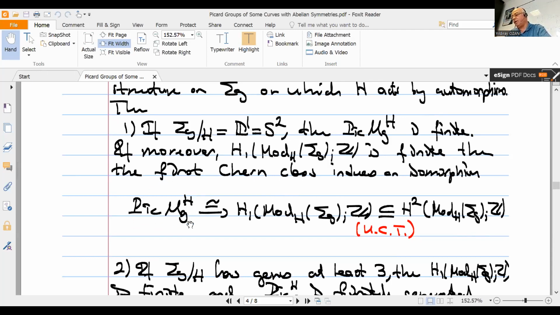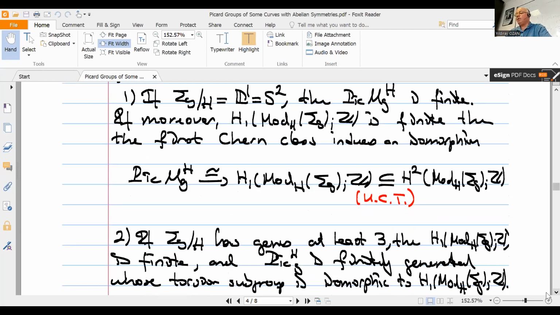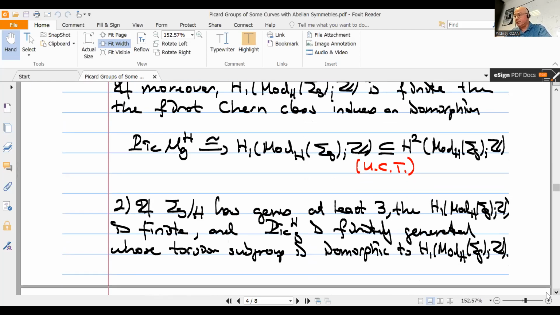If you have a line bundle, its first Chern class lies in the second cohomology, but the universal coefficient theorem tells us that the torsion part of this second cohomology is isomorphic to this one, and in this case our group is torsion. Okay, it has another part, but that part is not related to our work. So here Kordek described what the Picard group is.